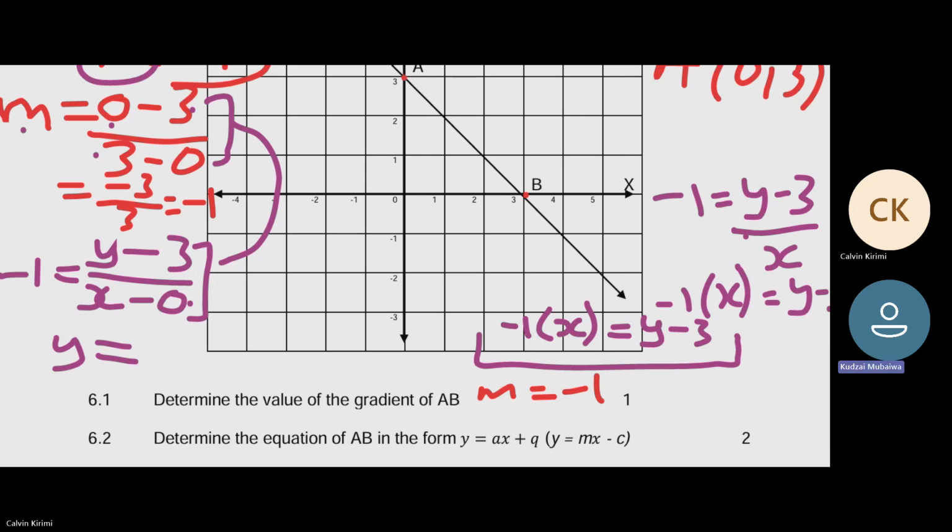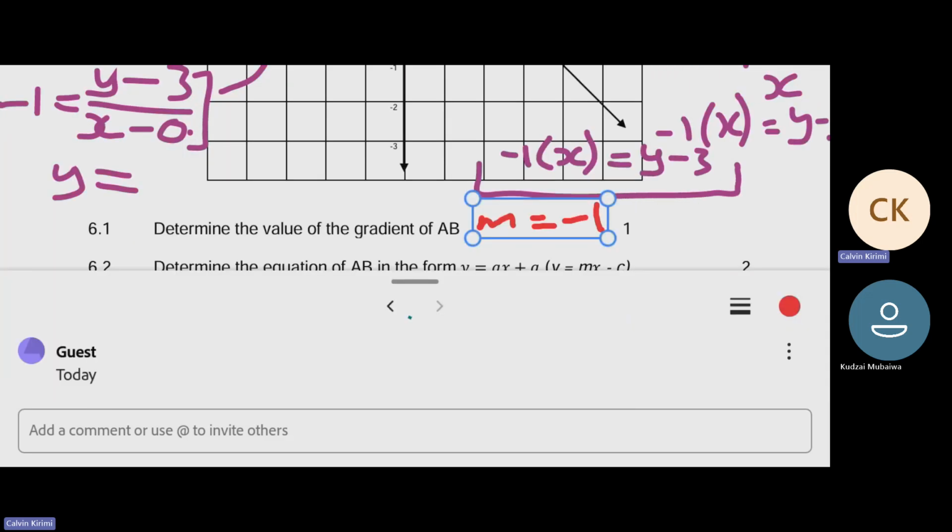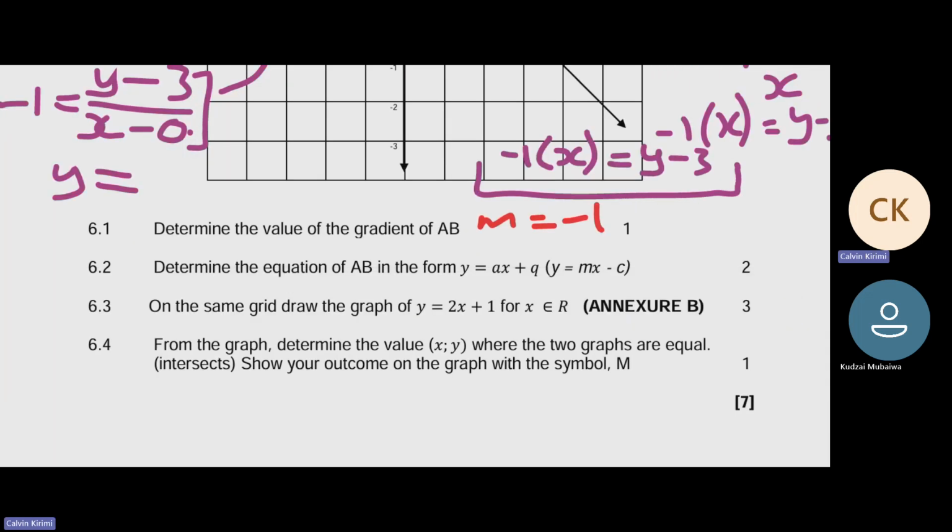Say y is equal to -2. Where are you getting -2 from? We are just rewriting that in terms of the equation. We are pushing only the variables to the left side.